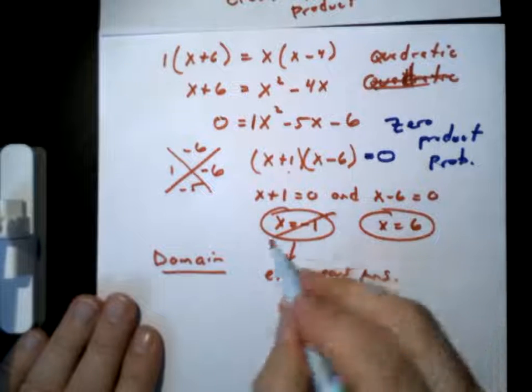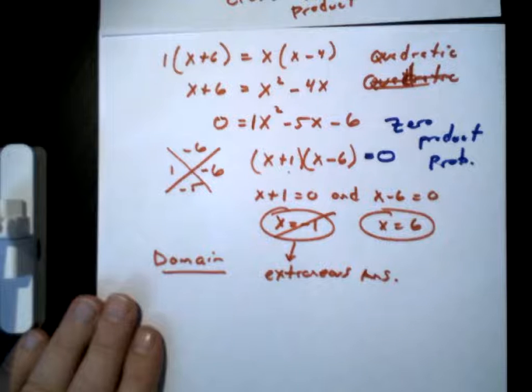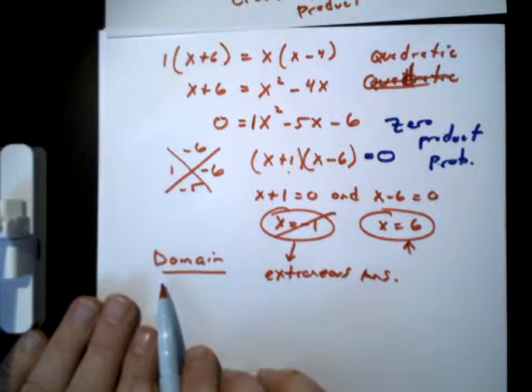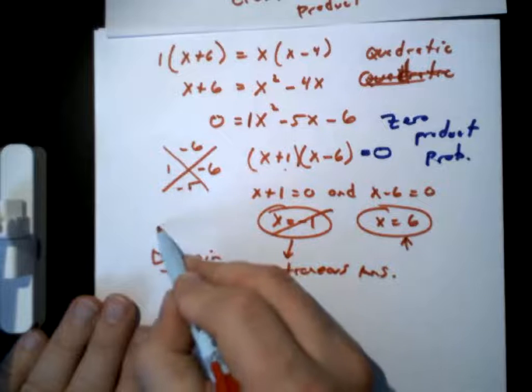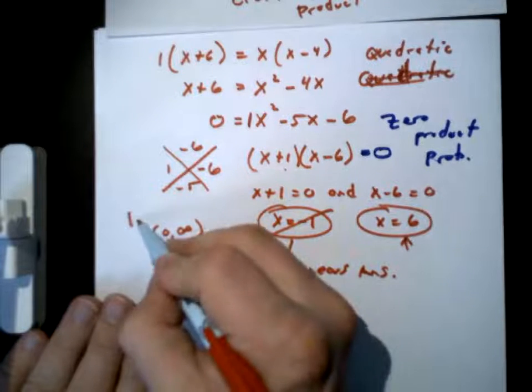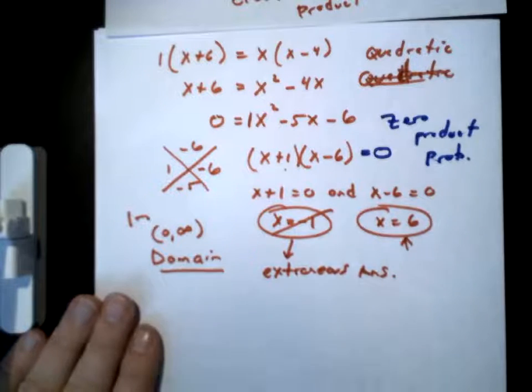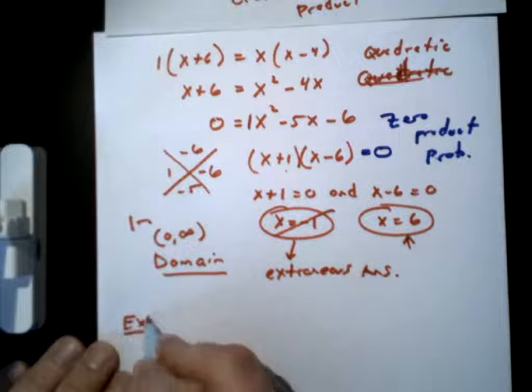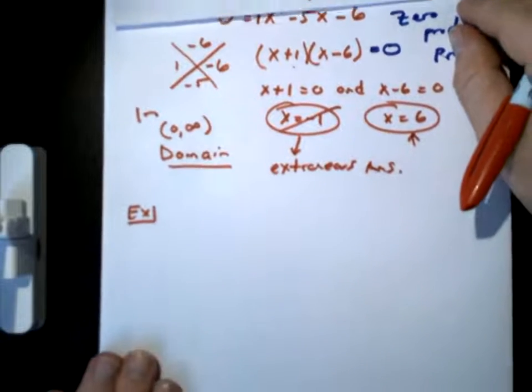So really, negative 1 can't work. So this is our answer here because this is a solution for the ln. Okay, remember that domain. Domain for ln is 0 to positive infinity. Be careful with that.